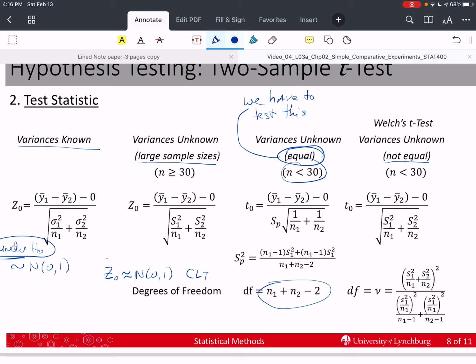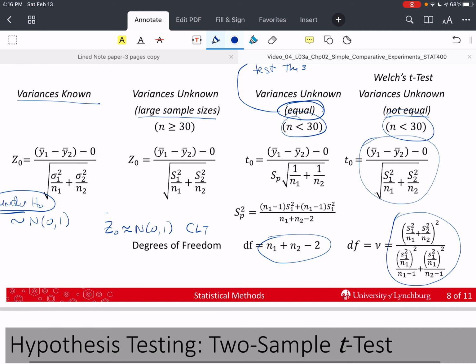We have a small sample size, and they're not equal. If they're not equal, you'll notice that the calculation here and here are the same, but the degrees of freedom is calculated using this lovely little formula. So under the null, T naught here, where the variances are equal, has a T distribution with N1 plus N2 minus 2 degrees of freedom.